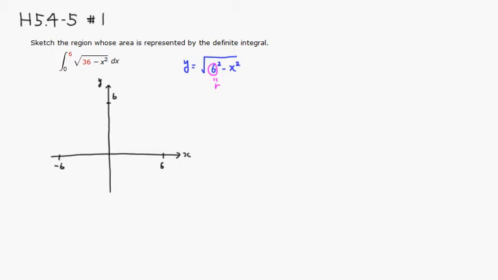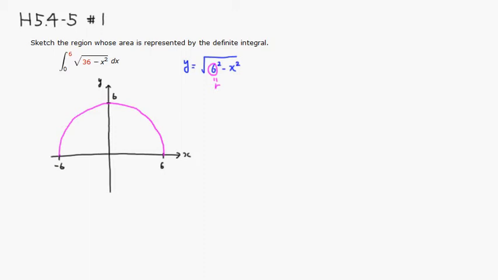So the graph should look somewhat like this. It's a top semicircle. This is the graph of this function, square root of 6 squared minus x squared.